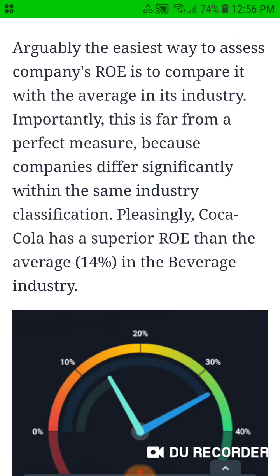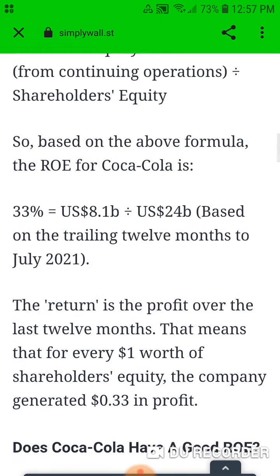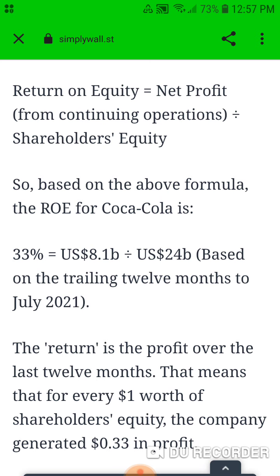Arguably, the easiest way to assess the company's ROE is to compare it to the average of the industry. Importantly, this is far from a perfect measure because companies differ significantly within the same industry classification. Pleasingly, Coca Cola has a superior return on equity. The average is 14% in the industry. So for every dollar that you put into this industry, on average, you get a 14-cent return on that money.